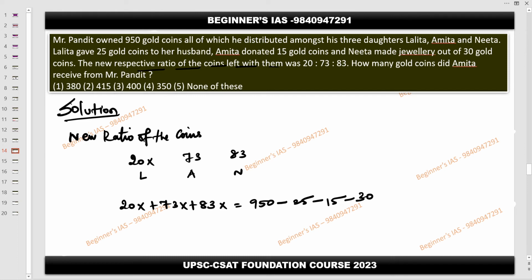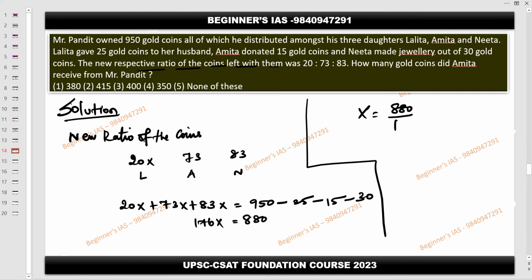So left out is 176x. So 176x is nothing but 880. Here 30 plus 40 is 70, 950 minus 70 is 880. Then x is equal to 880 by 176. So x is obviously going to be 5.